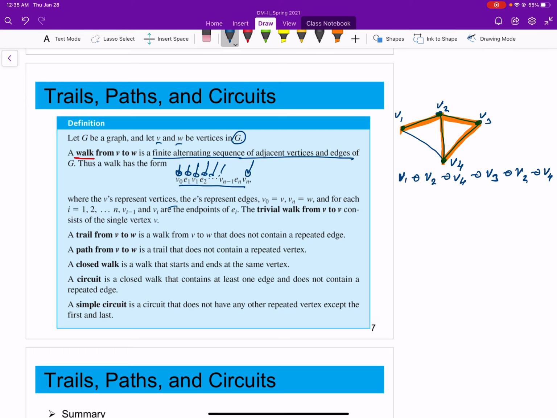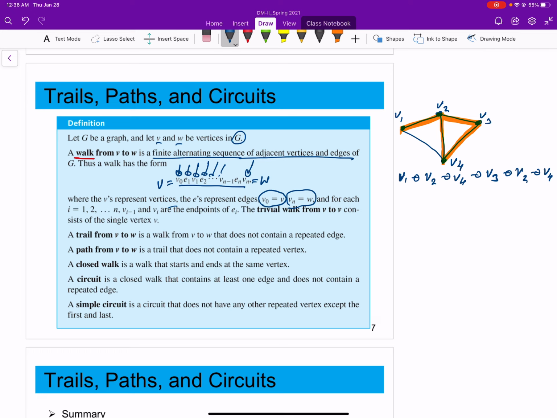Then you take the start as just V and Vn as W. So those are just notations. You take V, the starting vertex as V, the ending vertex as W. So this is just the definition of a walk.